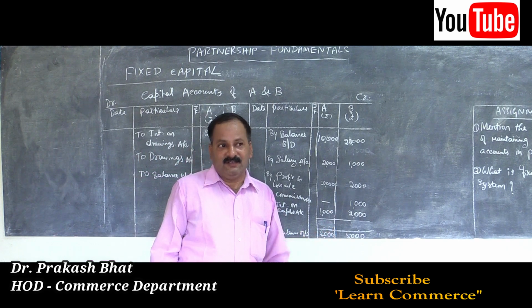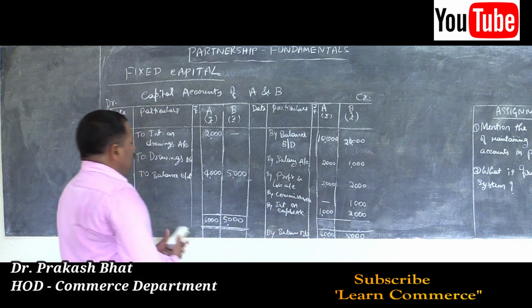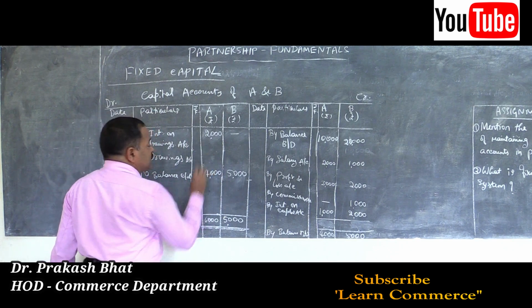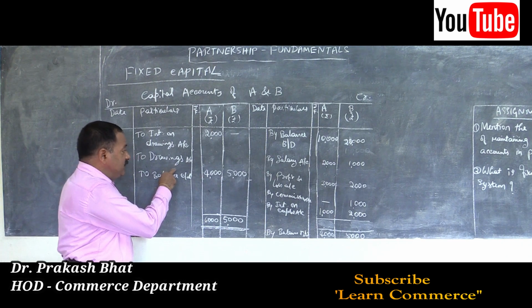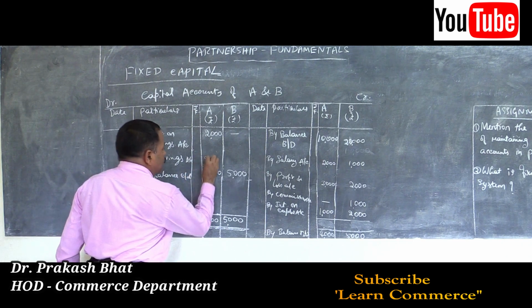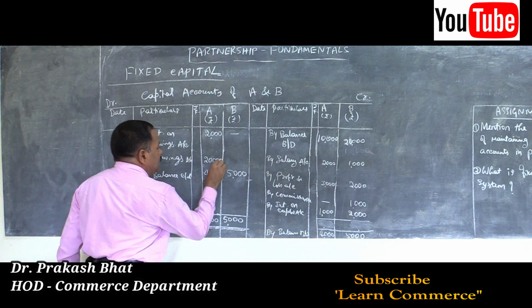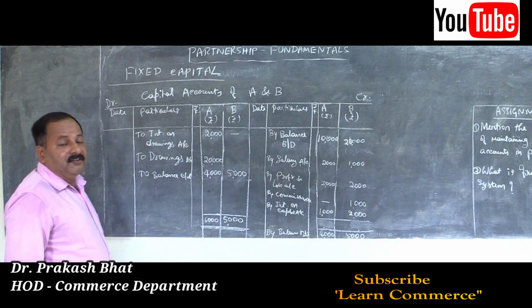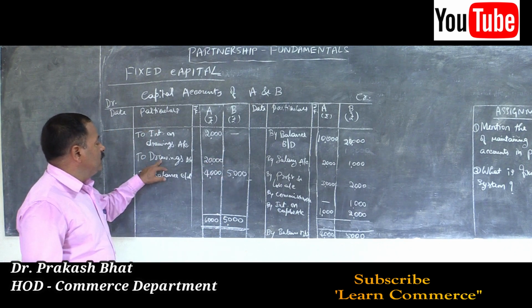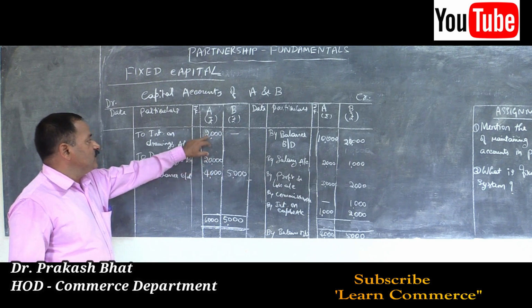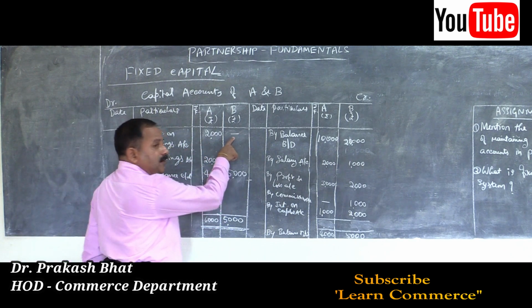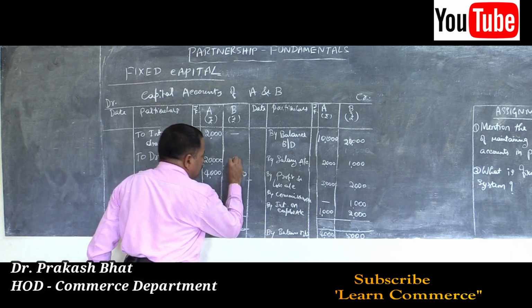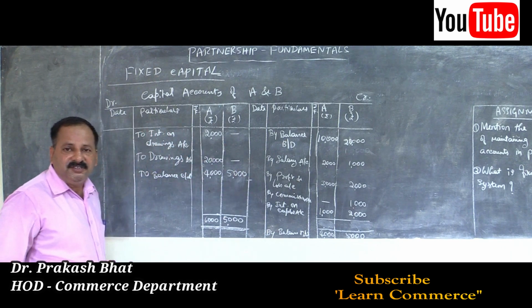Have you ever seen such charging? No, never. So make sure that drawings amount should be more than the interest on drawings. This is a technical defect. So I took the drawings amount as 20,000 and interest on drawings as 2,000. And there is no interest on drawings for B, so make sure you don't write drawings here.